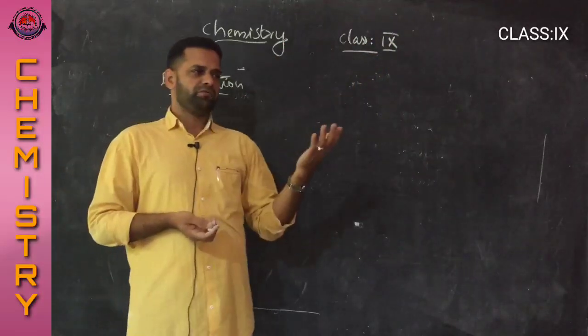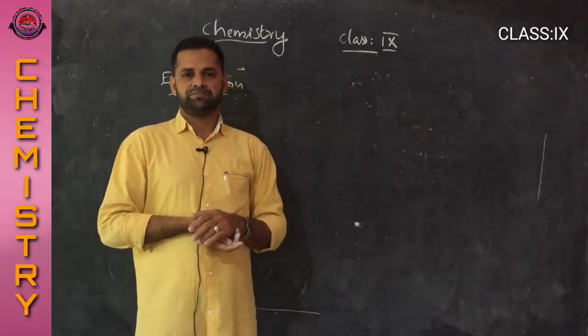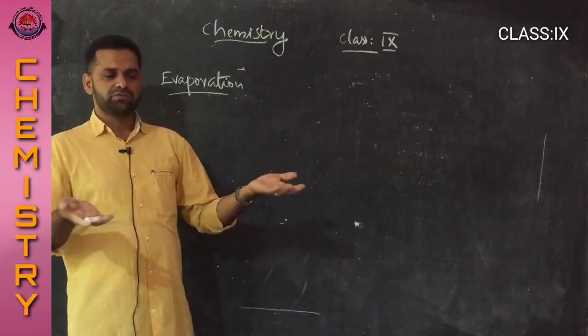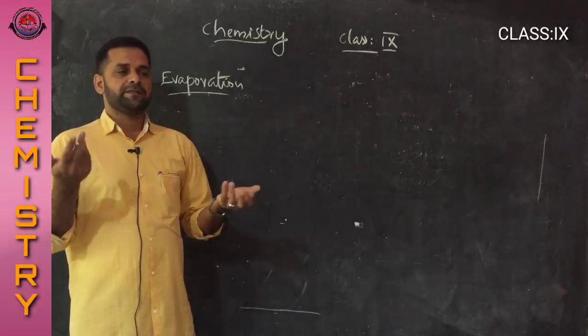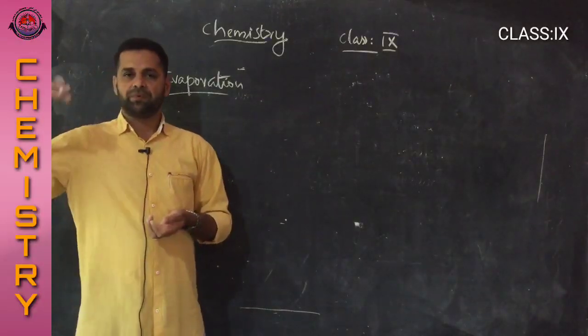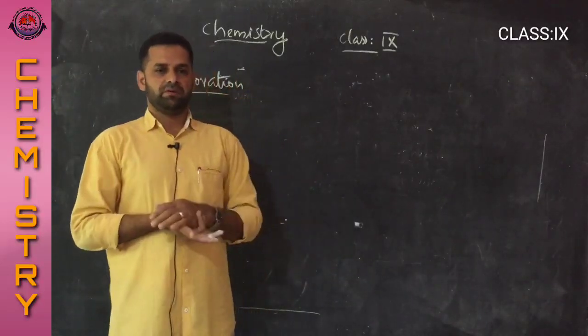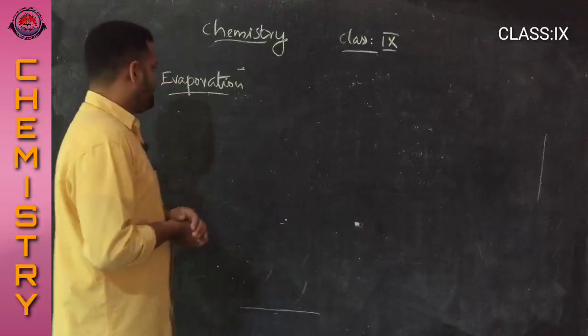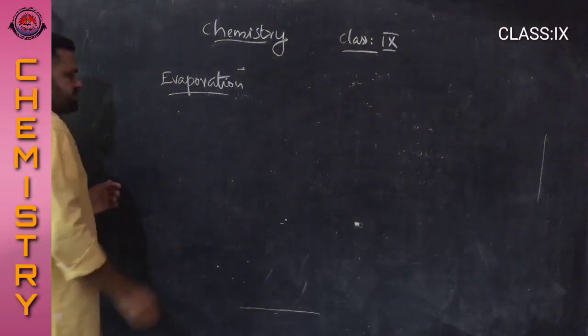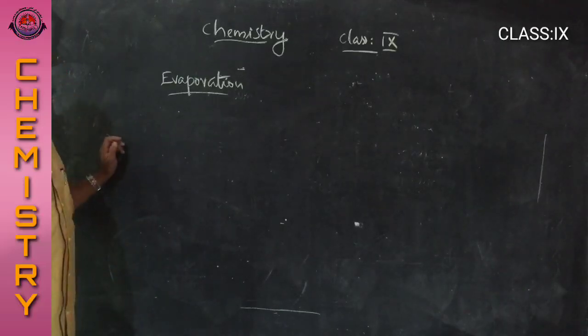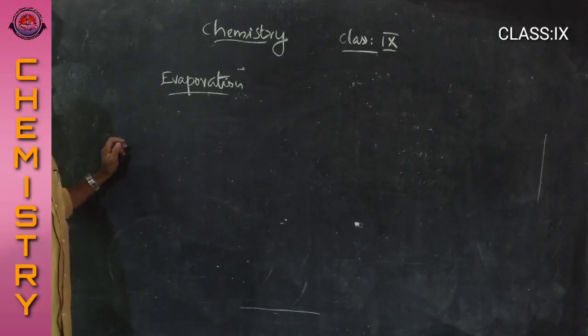So a number of examples are there for evaporation. As I told you, wet clothes drying and evaporation from water bodies are all examples of evaporation. Okay. Now the next topic is, what are the different factors which affect the rate of evaporation?